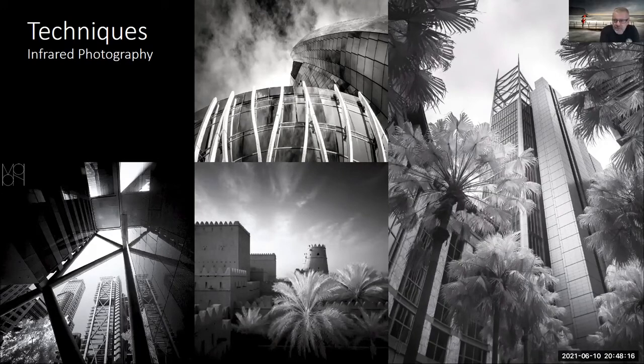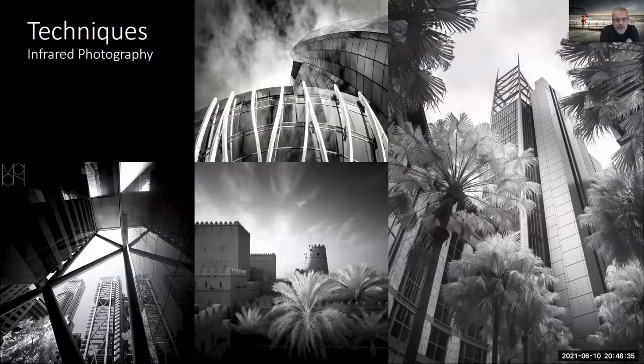So the infrared image reads it as white as opposed to dark green. If I took that image in the bottom right-hand corner normally, I'd have dark green palm leaves against quite a dark background, a totally different effect.